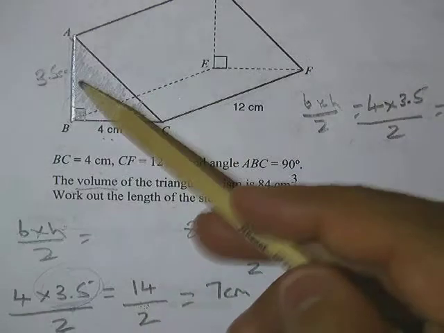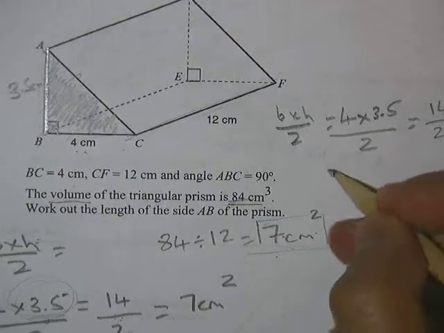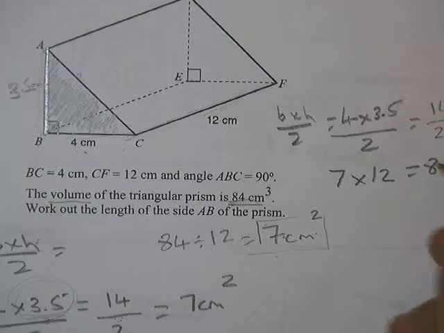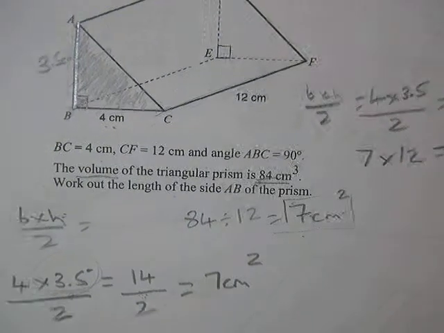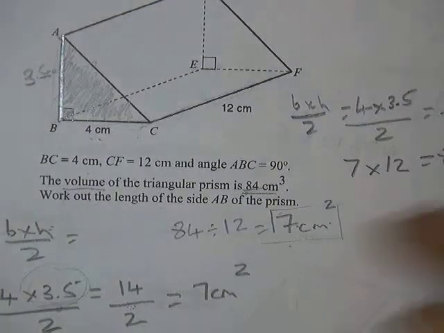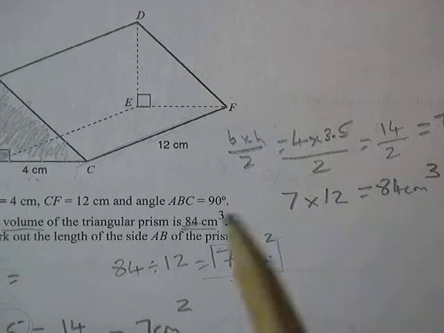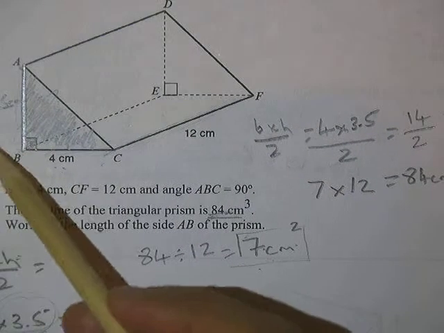So I've just worked out the area of the cross section. If I take that 7 and times it by the length there, 7 times 12 gives me 84 centimeters cubed. Because you've timesed the area by that length 12, you get the volume. That answer corresponds with that answer. So you know that the height you worked out, 3.5, is correct.